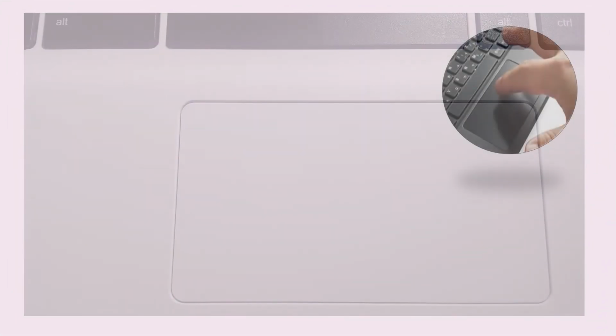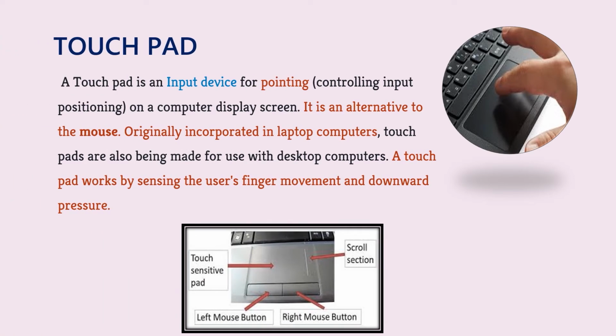Soon thereafter came the touchpad. The touchpad said, "You might be the touch screen, but you get affected very easily. Now, I am also used for pointing. I am the alternate to mouse. The mouse gets damaged so easily. So I come in laptop computers.